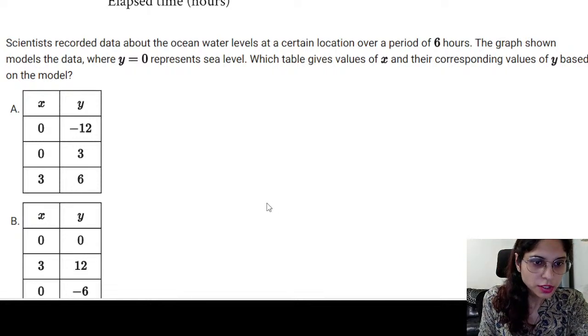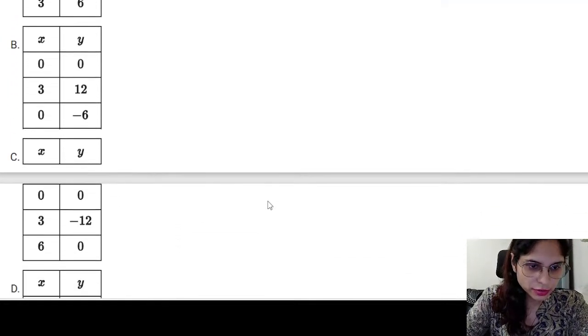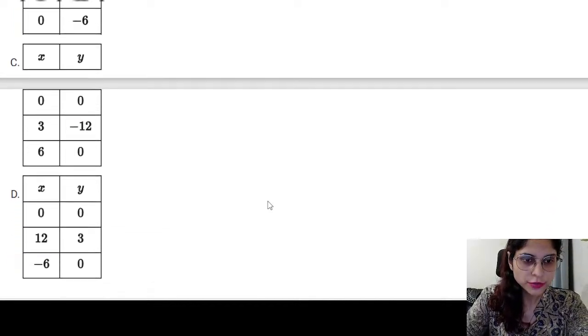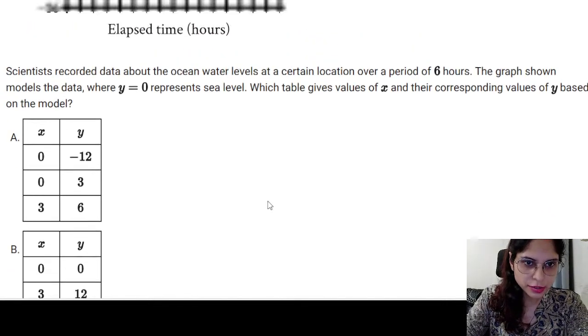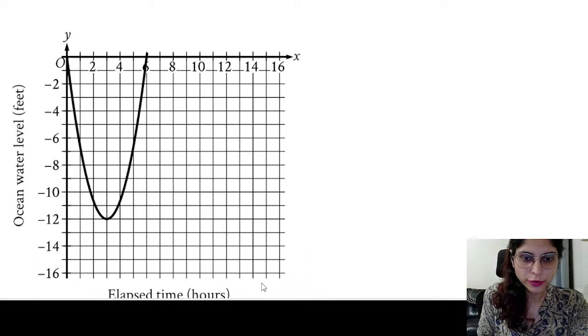Yeah, enough distractions. Yeah. So now you see on the x-axis the points are 0, 0 and 3. Here also you have 0, 3, 0. Here you have 0, 3, 6, and here you have 0, 12, negative 6. So first we have to see what is happening at 0. So we will make a table for all the points. We have seen our options, right? After making our options, I will make the table.